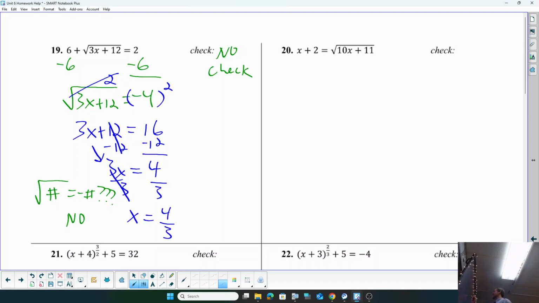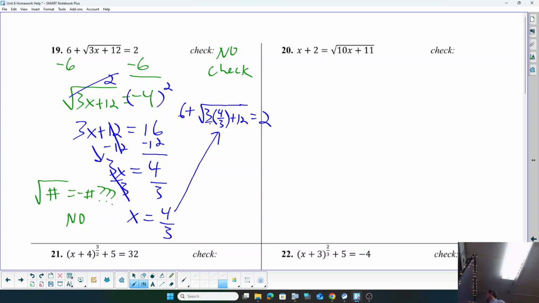So the problem is when you plug it back in, a square root cannot yield a negative number. We're going to plug 4/3 in. 6 plus the square root of 3 times 4/3 plus 12 is equal to 2.